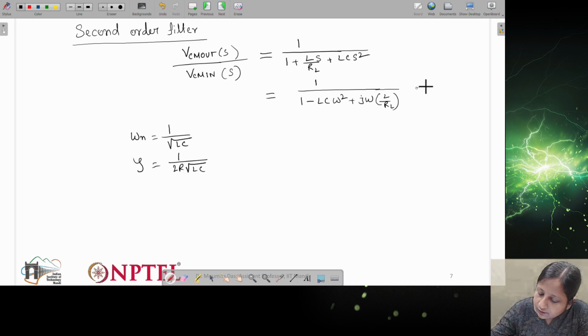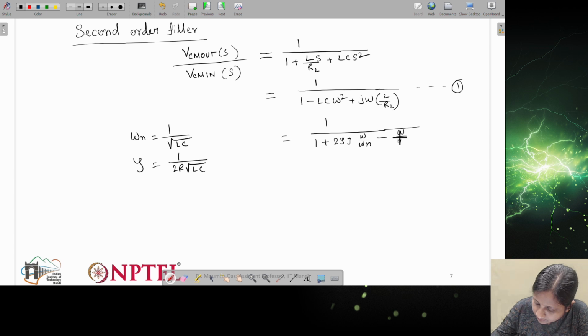If we replace the equation using omega n and zeta, then we can write 1 by 1 plus 2 zeta j omega by omega n minus omega by omega n square, right?